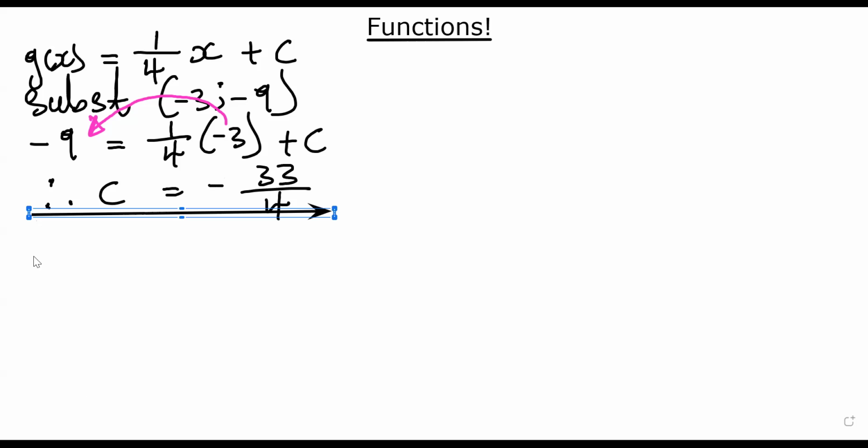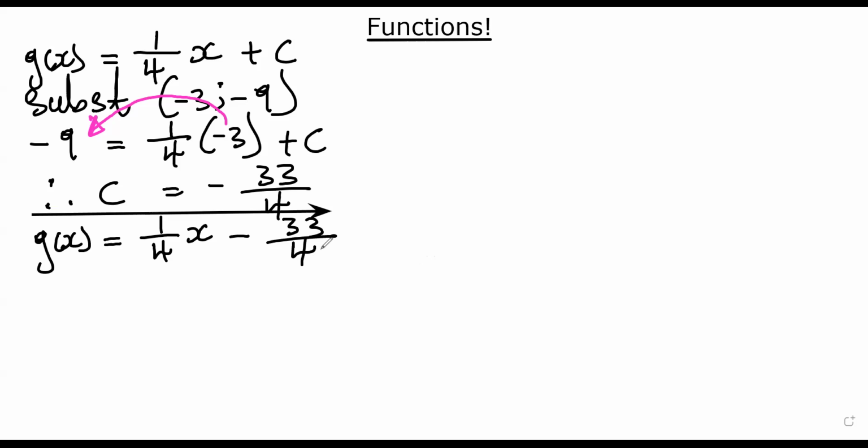So that's the y-intercept of this g of x. So now we know that the equation of g of x is just going to be 1 over 4 x minus 33 over 4. And remember, we also know the equation of f of x.